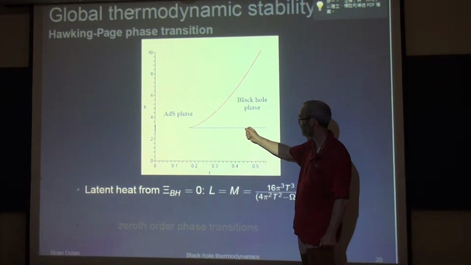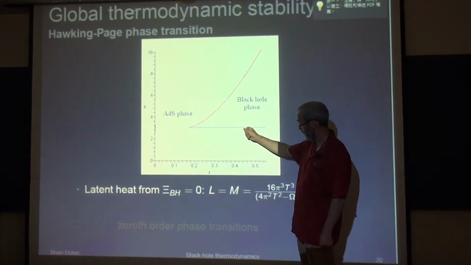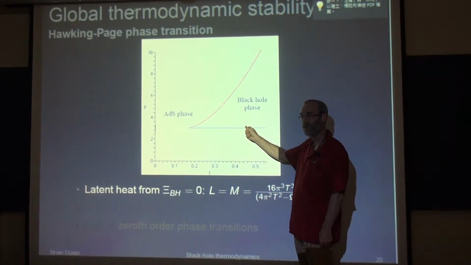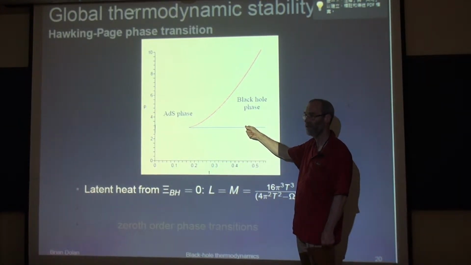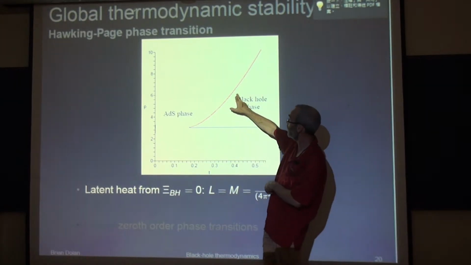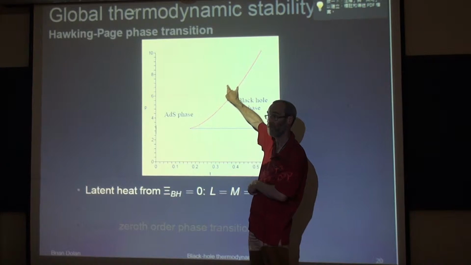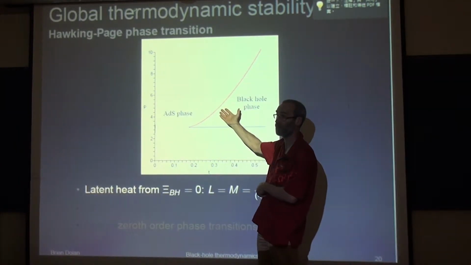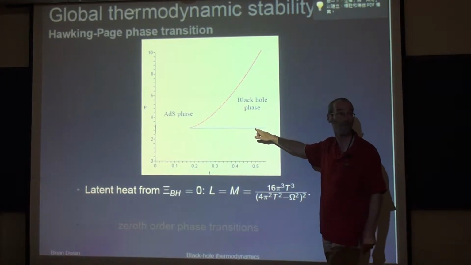So what happens here is if you go from the black hole phase with negative Gibbs energy up to the anti-de Sitter phase with zero Gibbs energy, it's like a zeroth order phase transition. There's a jump. This line is determined by equating the Gibbs energy of the black hole to the Gibbs energy of anti-de Sitter space. That's how you obtain the line of phase transition. You equate the Gibbs energies on that line. Here, the Gibbs energy jumps.